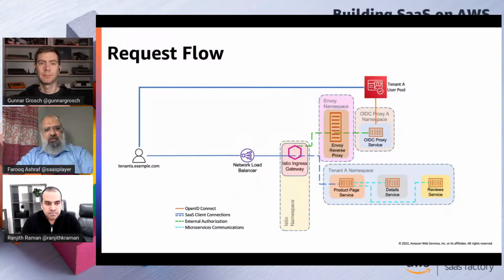Here is our tenant who's trying to connect to their application that has been deployed in their namespace. The first step is they send, let's say, a request to tenanta.example.com, which is a request without authorization. It does not contain any authorization information. You will see a GET request.